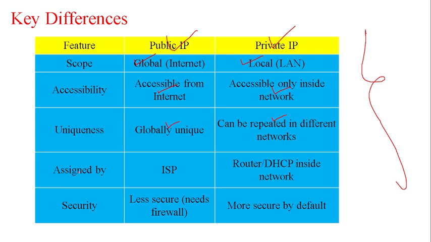Public IP addresses are assigned by the service provider, and private addresses by DHCP or the router within the network. Public IP address is somewhat less secure because we need firewalls, since it is globally connected, whereas private addresses are more secure by default. So these are a few differences between public and private addresses.